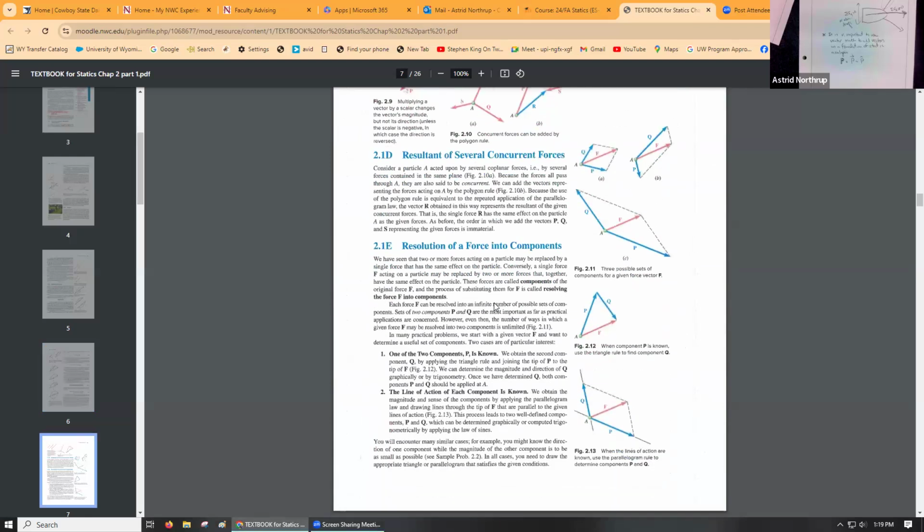All right, so we come up with this idea then, which is called the resultant. And the resultant means a vector that has the same, and I will put this up, magnitude and direction as the sum of two or more vectors.